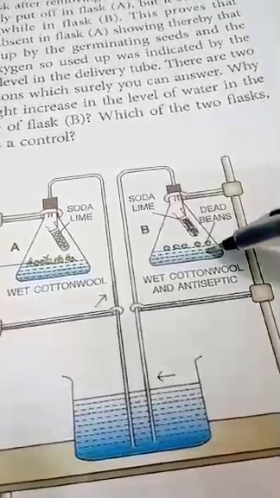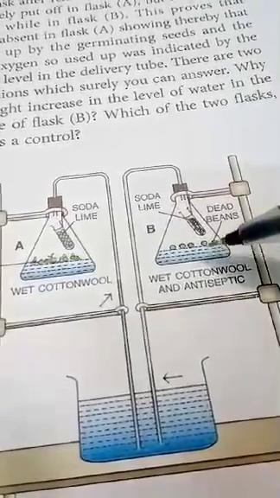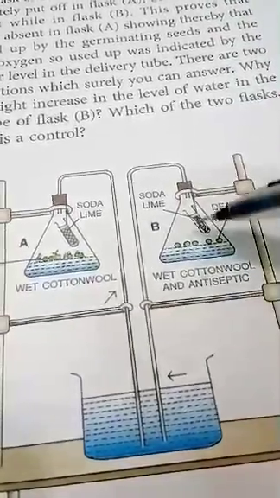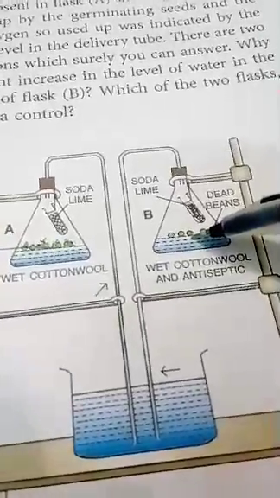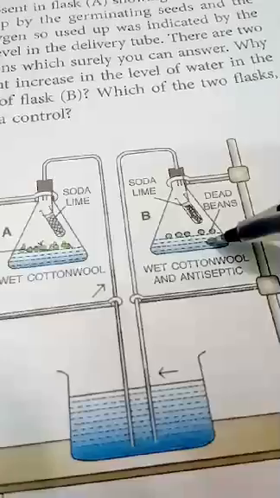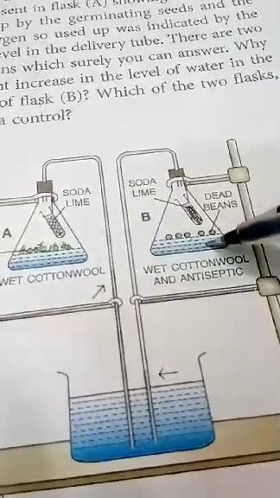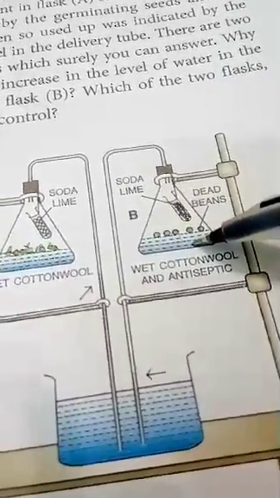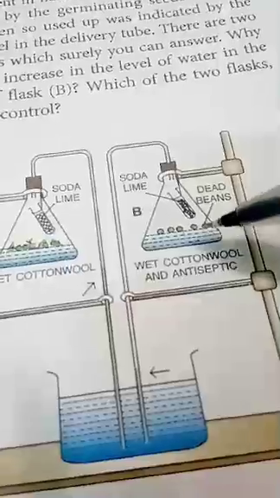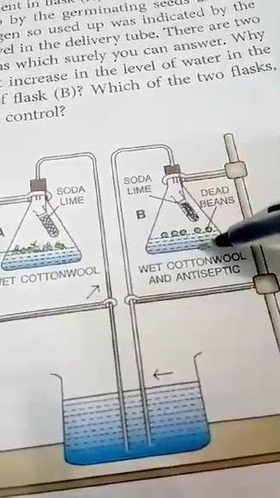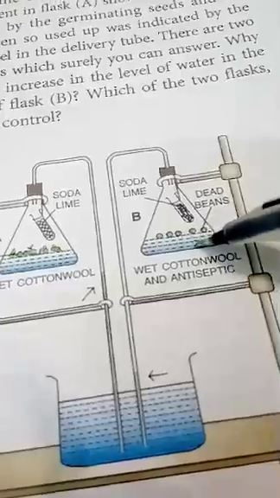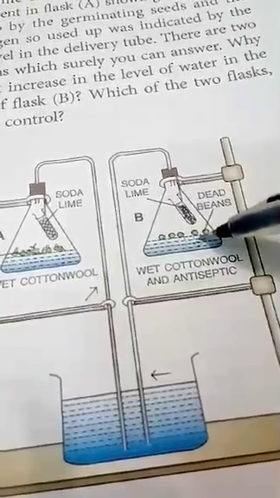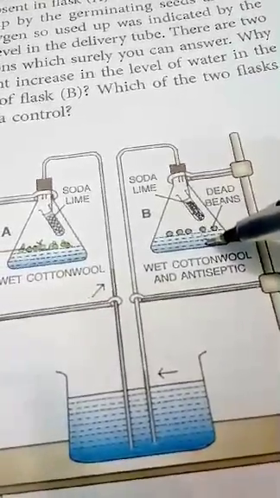Control setup means the setup in which all the conditions are present except the condition required for experimentation. So here we are taking dead seeds, and why these dead seeds? What do we do to prevent the bacterial decay? These are provided with some antiseptic so that bacterial decay can be prevented, and that bacterial decay can lead to respiration.